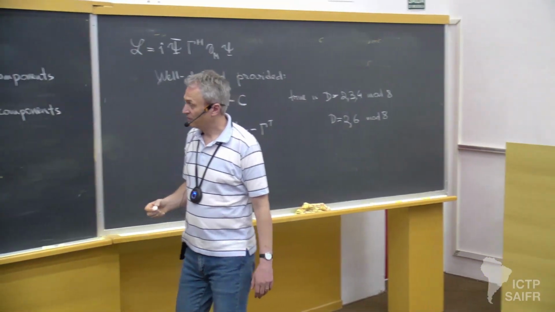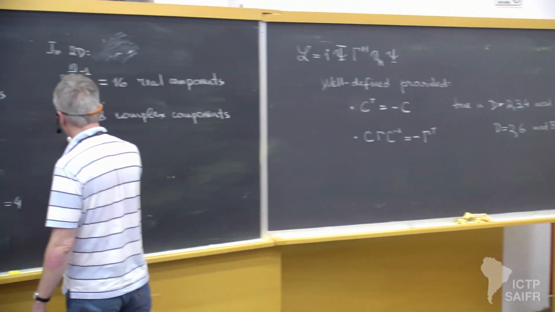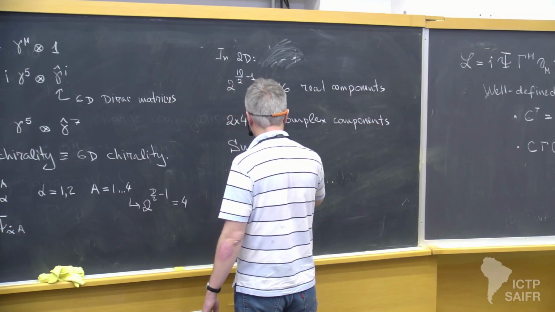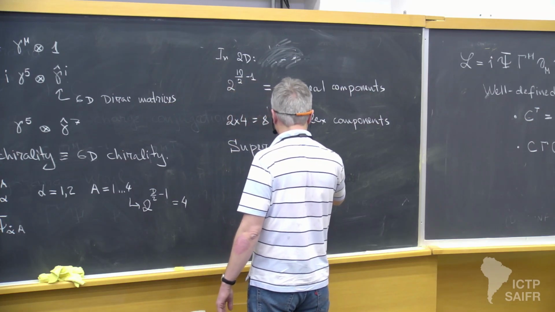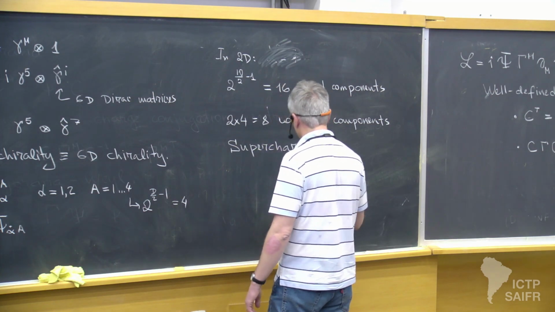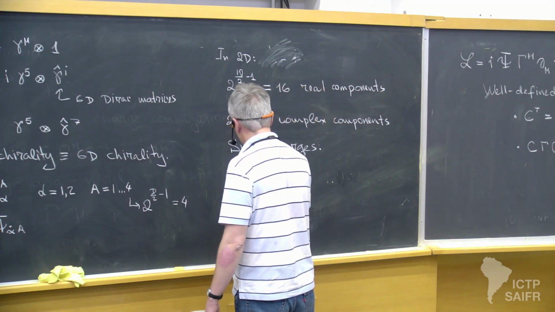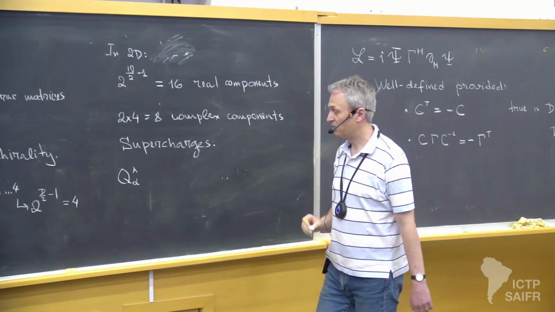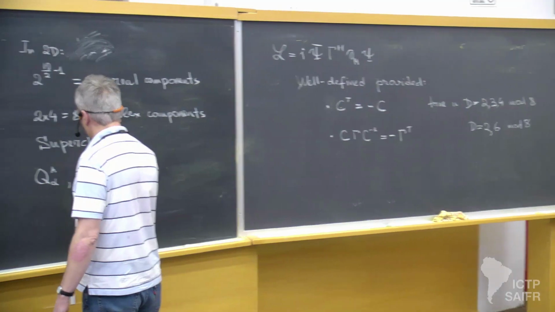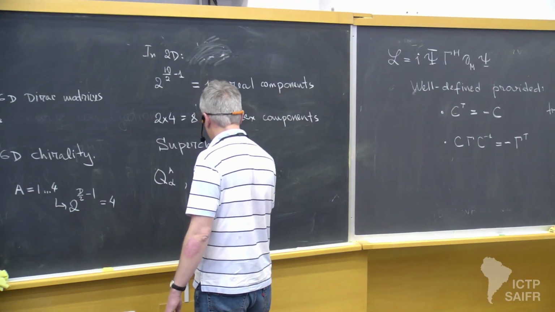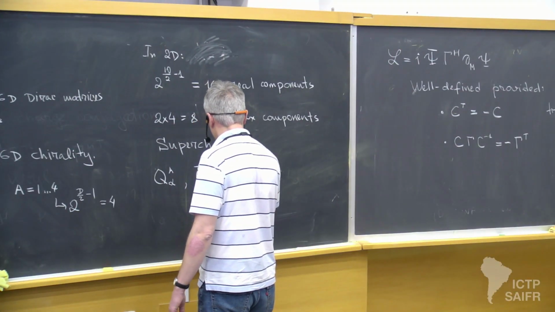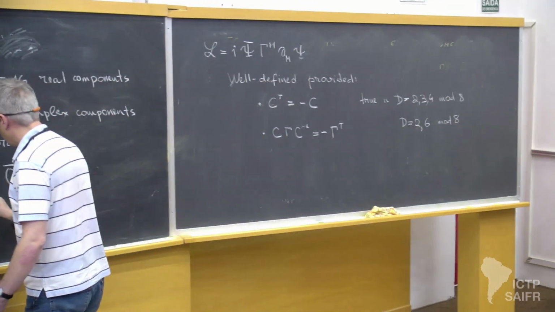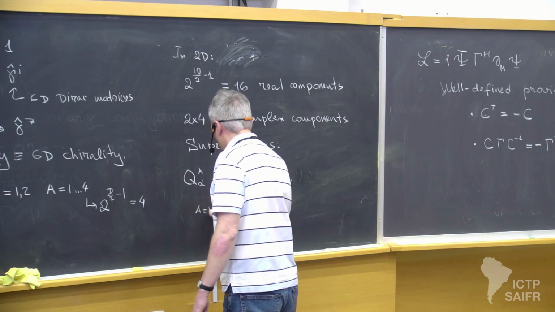In particular, the supercharges will have the same indices as fermions. So we'll have supercharges which are Weyl spinors with 4 extra indices, and conjugate charges which have the same indices but lowered. And A runs from 1 to 4.